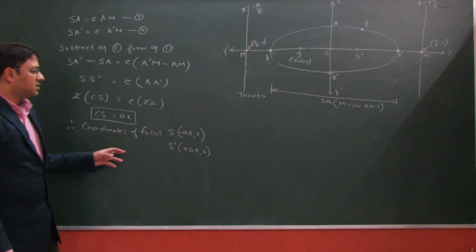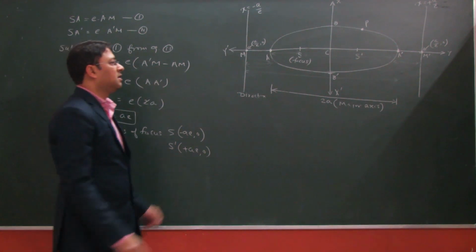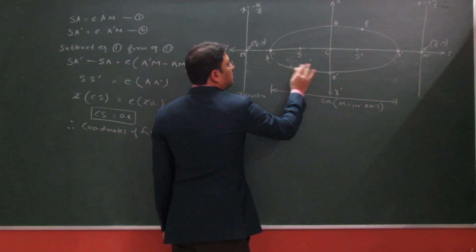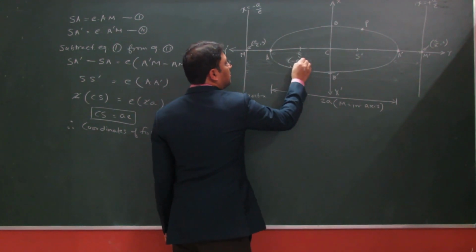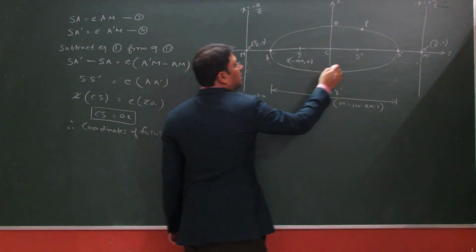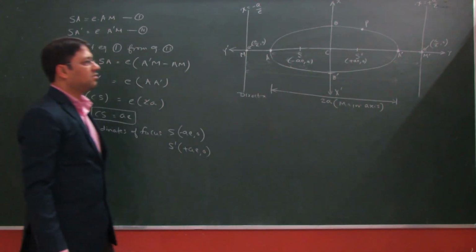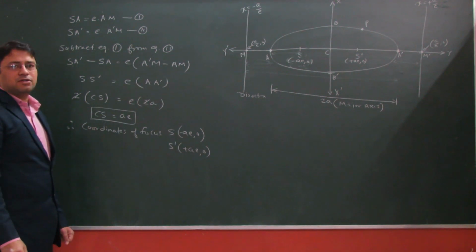So these are the coordinates of the focus: this is minus AE comma 0 and this is plus AE comma 0.